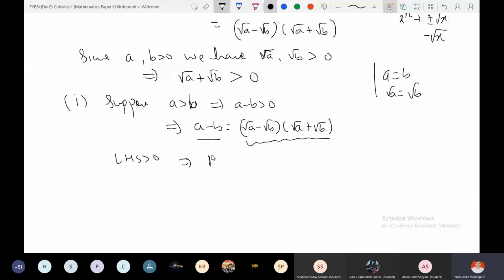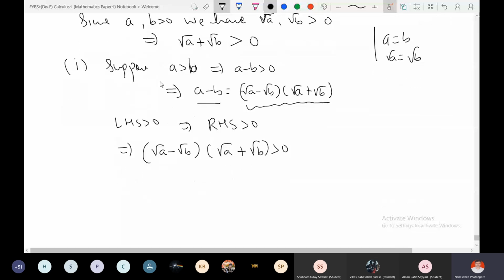So the right hand side, the product of the two brackets, is positive. That means root a minus root b into root a plus root b is positive. But recall the previous properties.